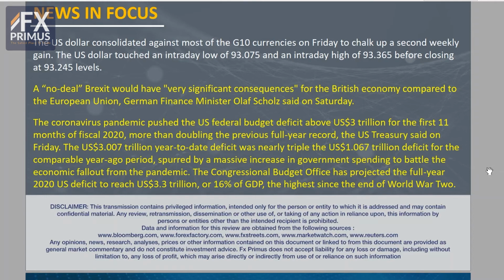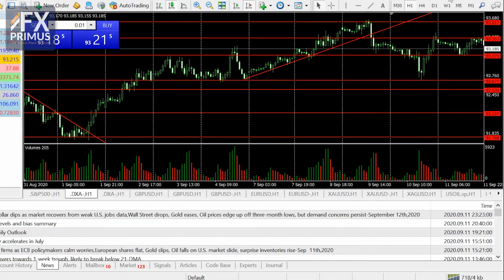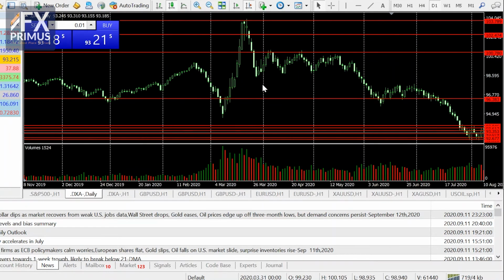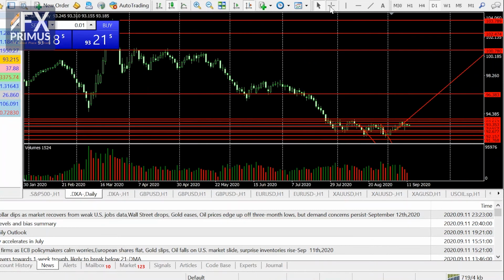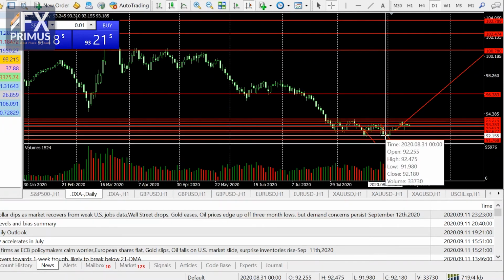And number two, with a high budget deficit, we do see demand for the US dollar dropping even as early as the month of March this year. It has been coming down from 103.70, the US dollar weakening until recent levels of just below 92.